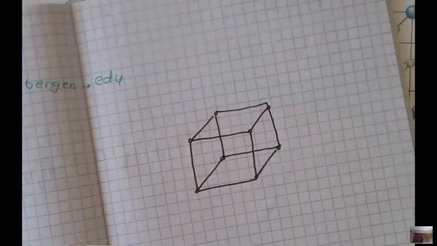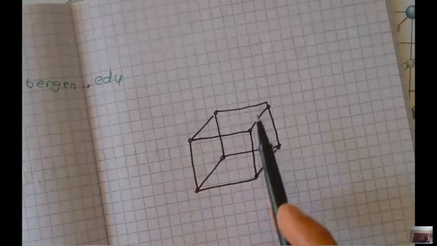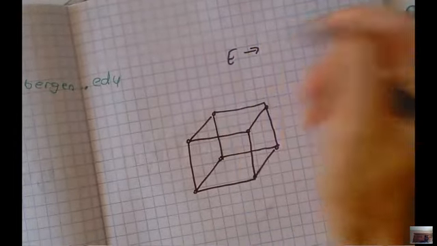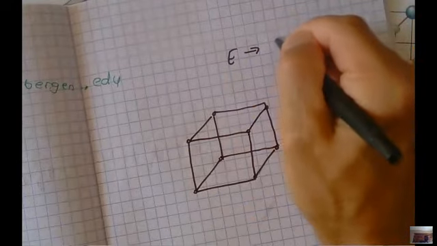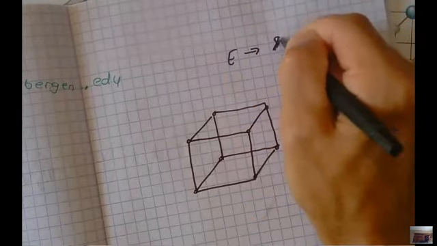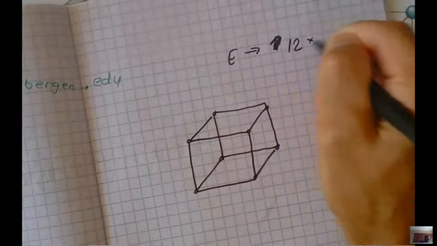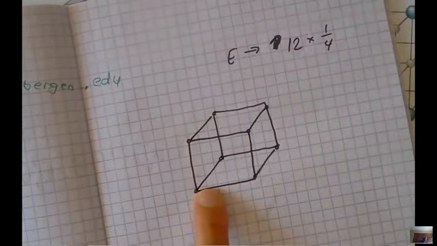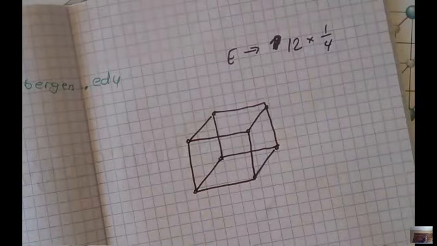So to put my little cube together, didn't I have to use 12 lines? Yes, there's 12 lines in this picture. Each one of those lines is an edge. So we know edges always count, right? There's always 12 of them, and they count for 1/4, because 1/4 of every edge would be inside this particular cube. Okay?